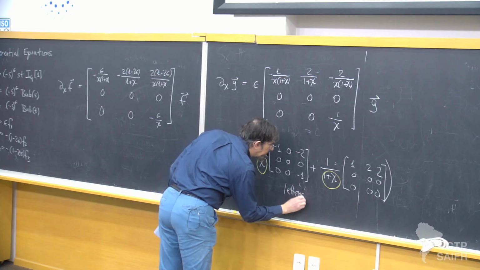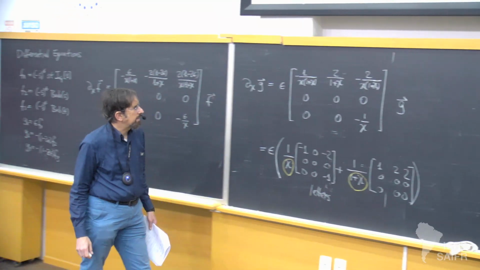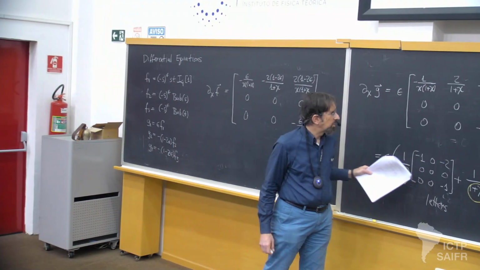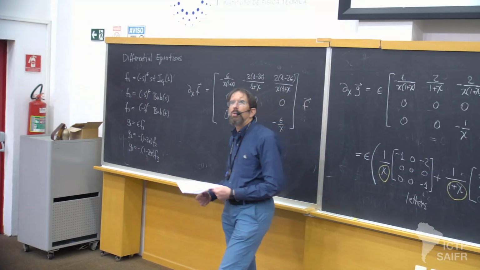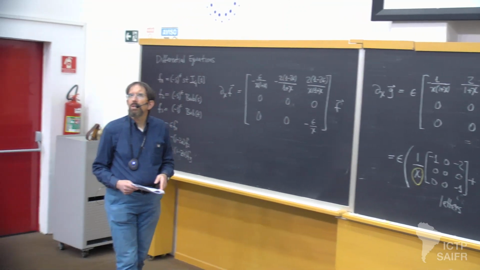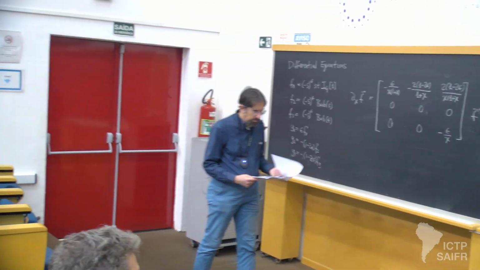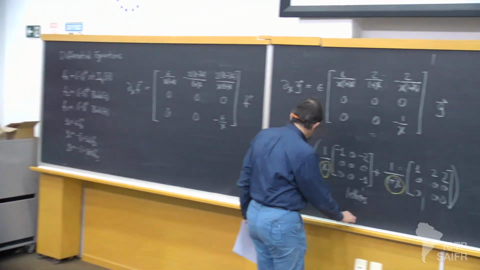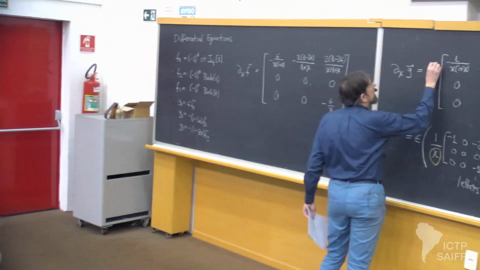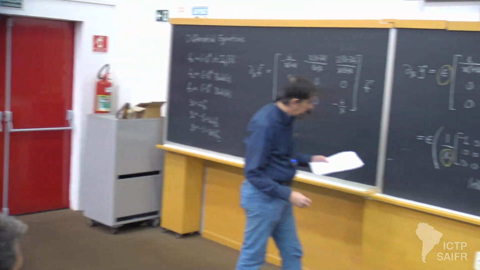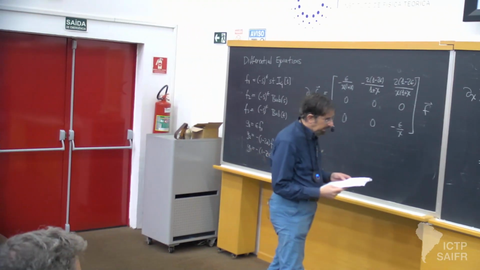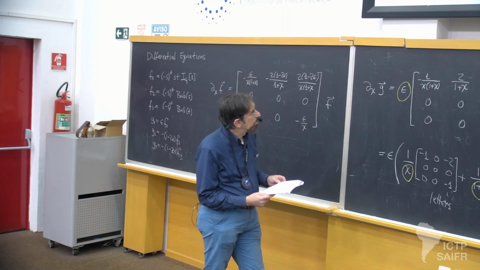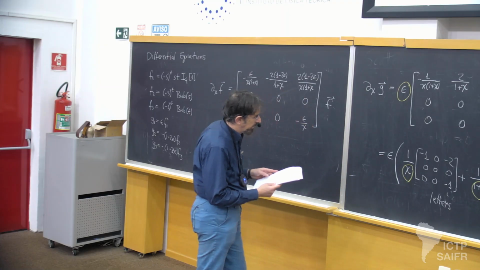More generally, the set of rational functions that play these roles is called the alphabet associated with a differential equation system. But the key point here is that we have an overall epsilon in front, and so we can solve this system order by order in epsilon.